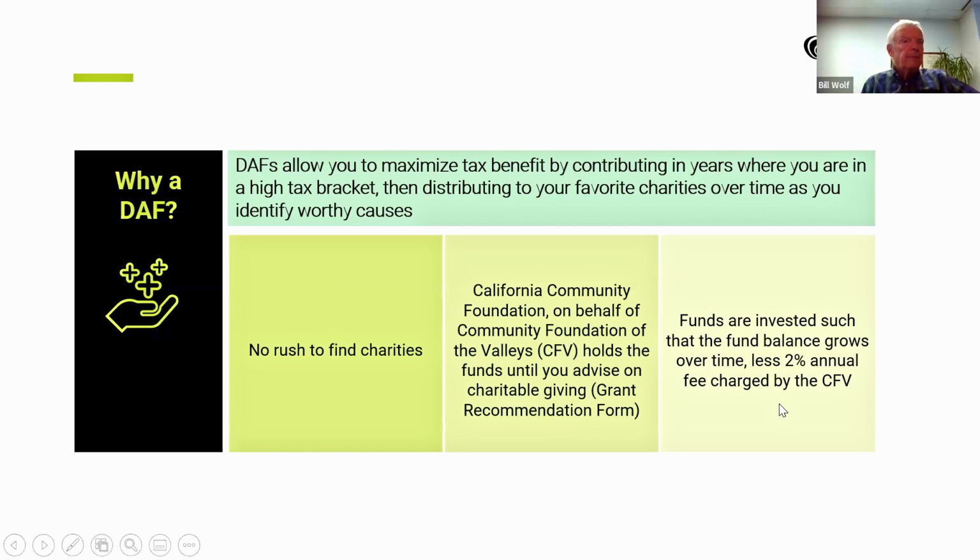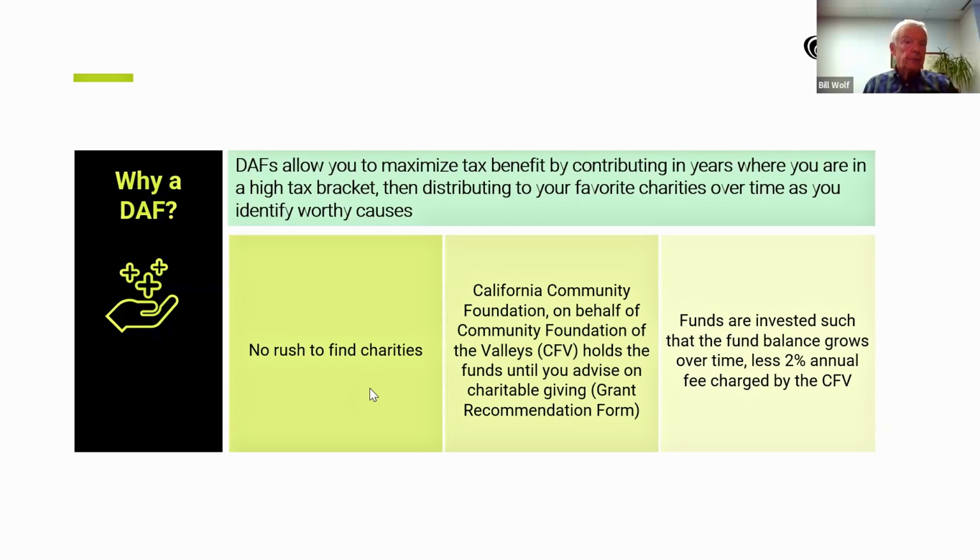So what is the real benefit of a DAF? Why are they so popular? Well, if you're in a high income tax bracket, it allows you to make a contribution to the DAF in the year that you have a lot of taxes and therefore get a huge tax benefit. So it's all about maximizing the tax benefit based on the year or years that you're paying the most taxes.